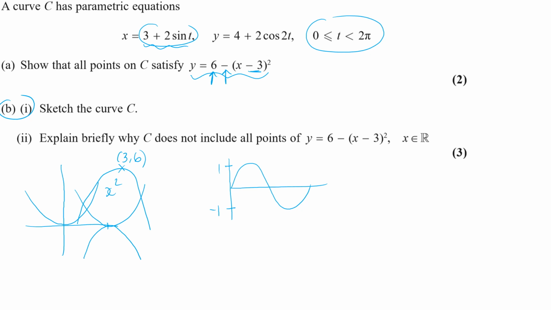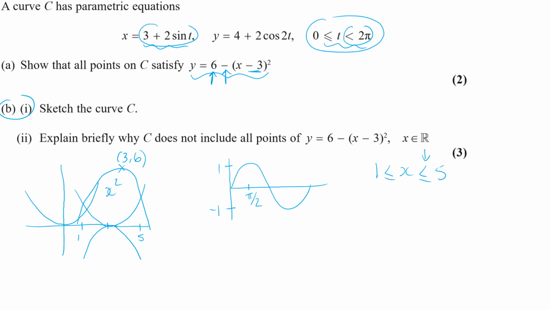So the x values are only going to go between 1 and 5. So x is restricted between 1 and 5. Now notice, even though t has got to be less than 2 pi, because the max here occurs at pi by 2 or 90 degrees, which is in the range, then you can equal the 5.